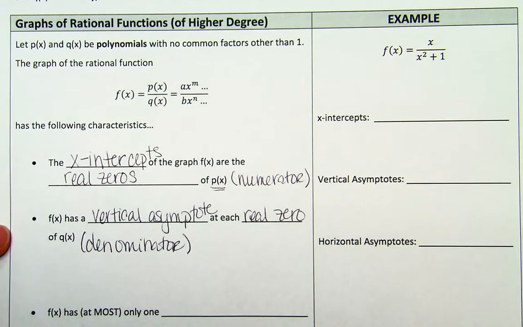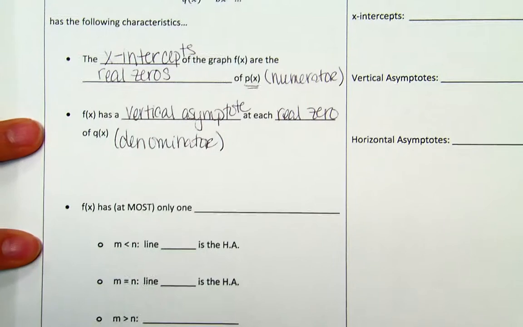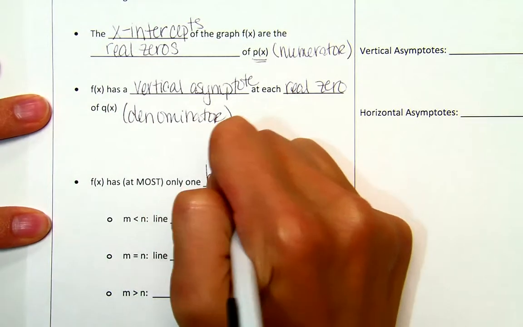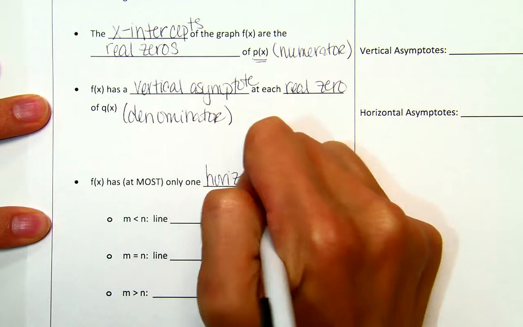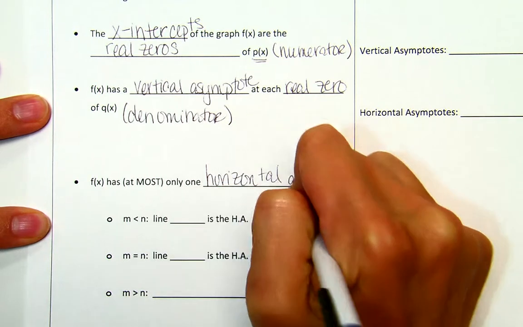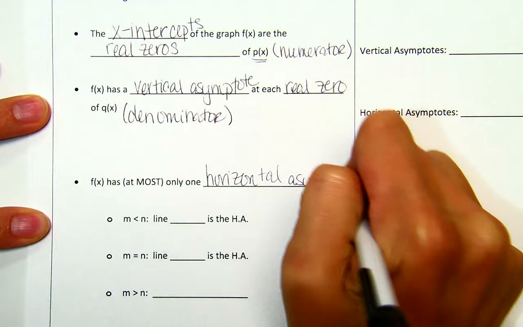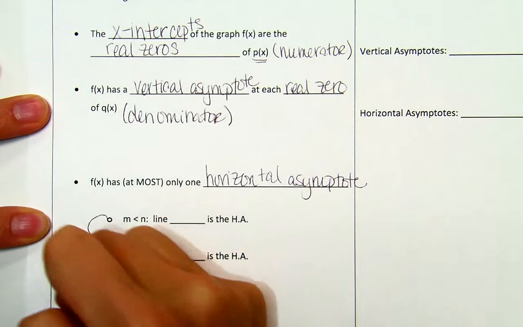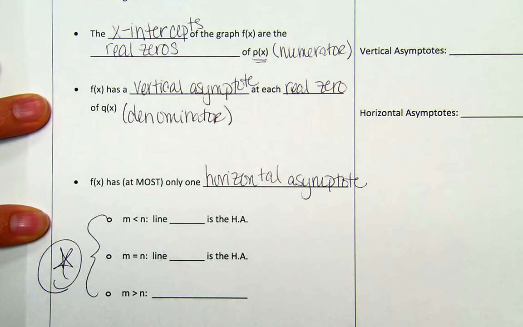And f of x has at most only one horizontal asymptote when we have the following characteristics. In each given example or equation, we have to actually analyze where our horizontal asymptote is going to be.